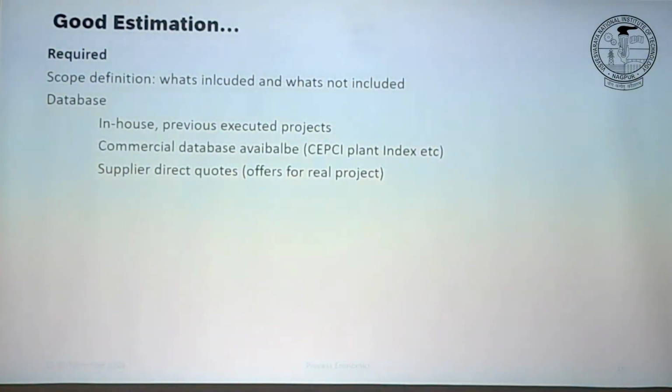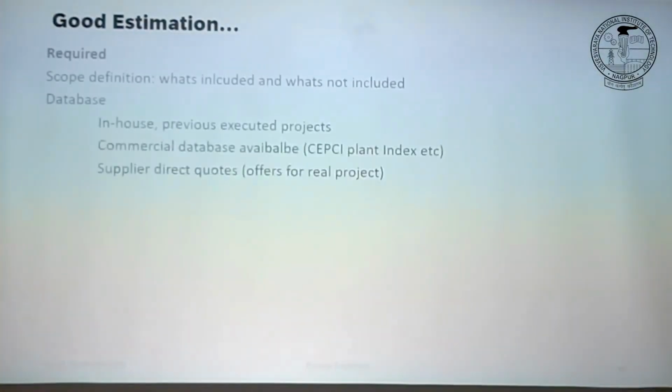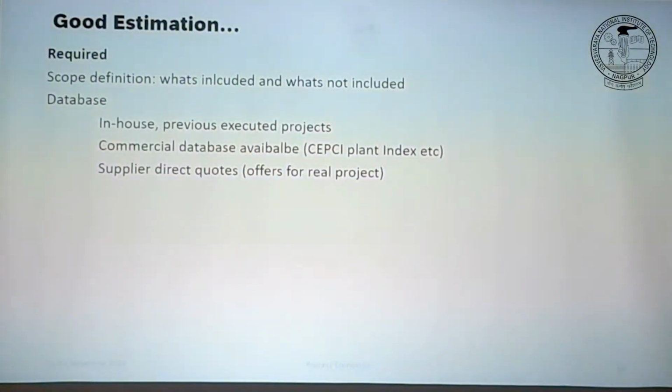So to do a good estimation, it's very important to have a very good sound definition. What is to be included, what is not to be included. You use database. As we said, for this reactor, I said 2 ways, but there is another way.